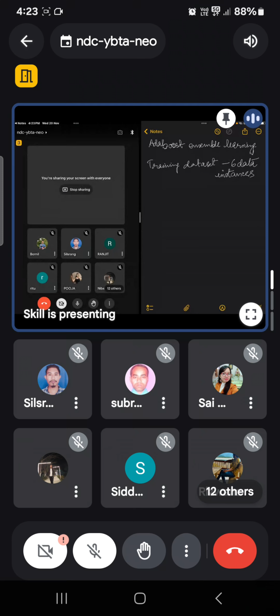This we will see here in steps, then you can get the idea how this AdaBoost ensemble learning is used.